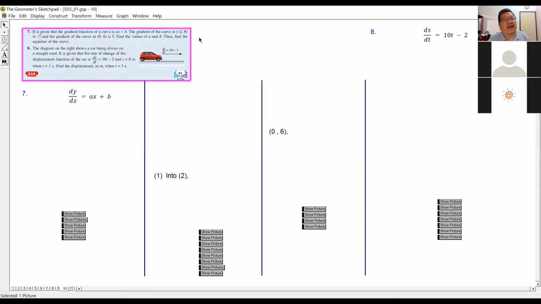The first set is (-2, 8), -7. Okay, this is one set of values. Second set of values, (0, 6), 5. Two sets. Which one do you want to use first?